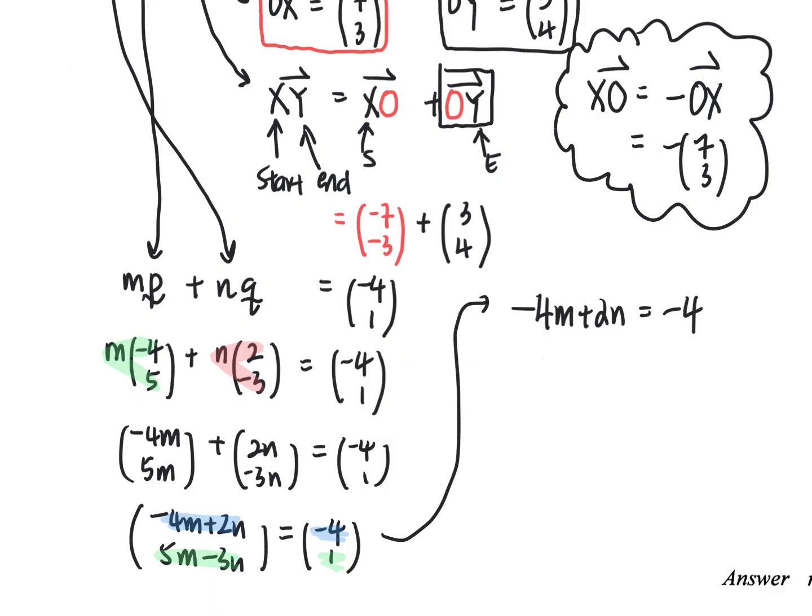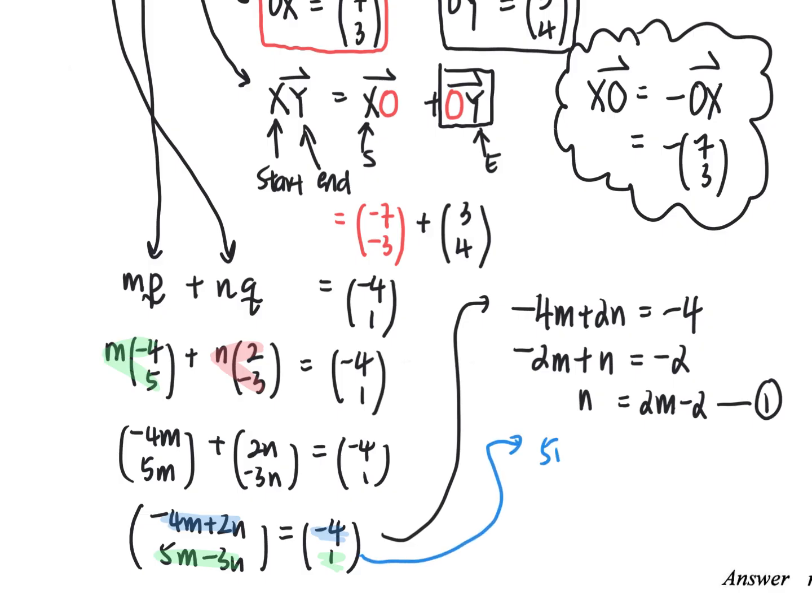So divide by 2 maybe. Okay, so my n is 2m minus 2. Let's call this equation 1. Second equation I write here: 5m minus 3n is 1. So I will sub my first equation into the second one.